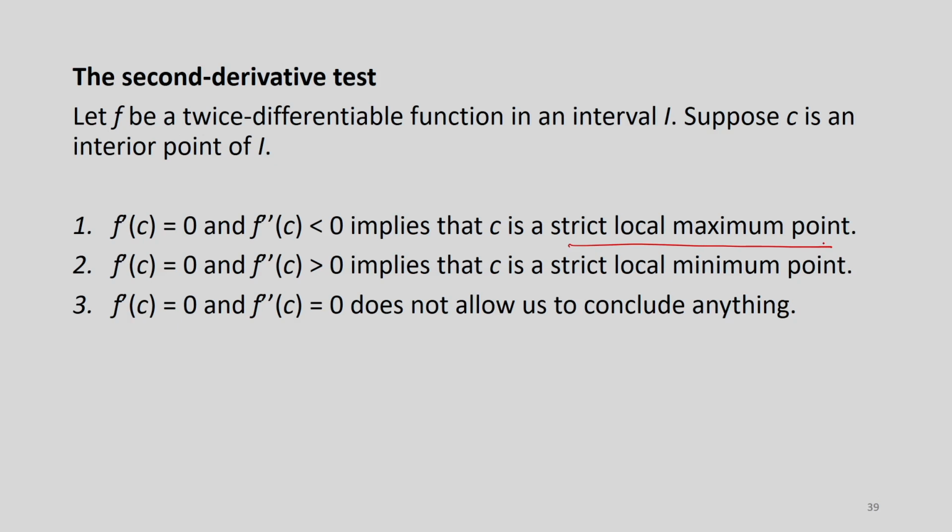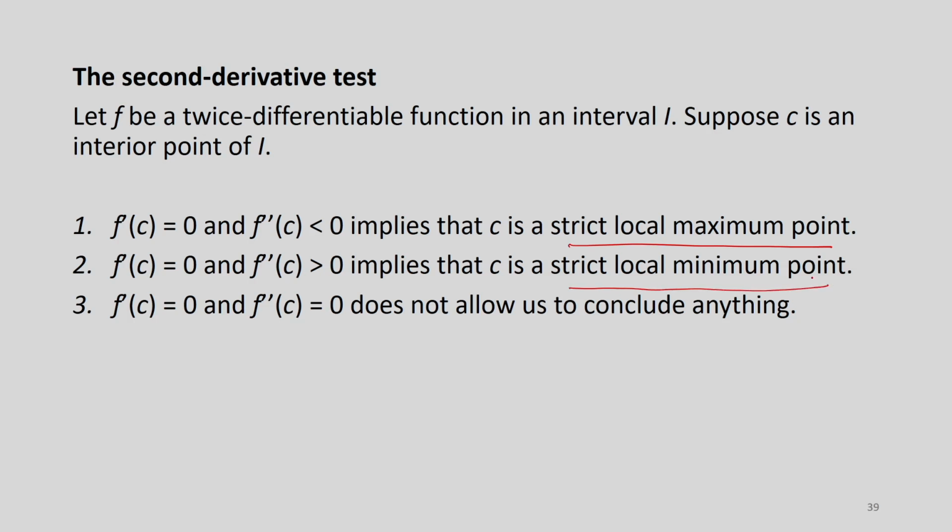Strict local maximum point, which means if you take the value of f(c), it is strictly greater than any other value f(x) in the neighborhood of c. And secondly, f dash of c is equal to 0 and f double dash of c is greater than 0 implies c is a strict local minimum point.